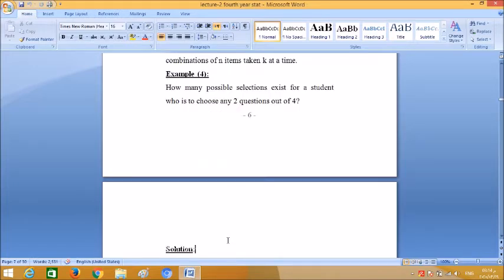How many possible selections exist for a student who is to choose any 2 questions out of 4? So you have to select 2 questions from 4. How many ways can you select 2 from 4 questions?